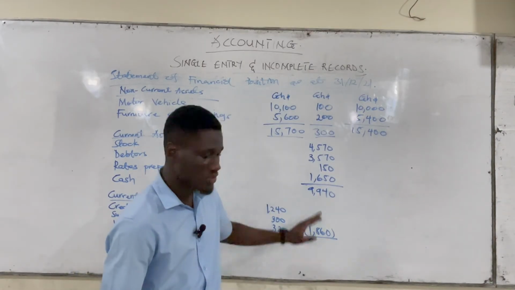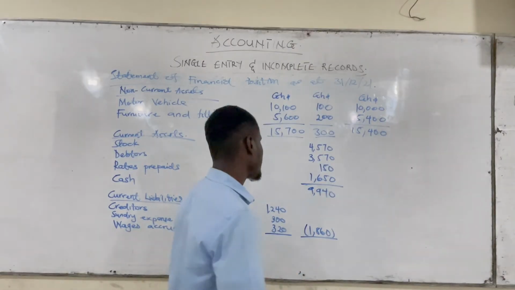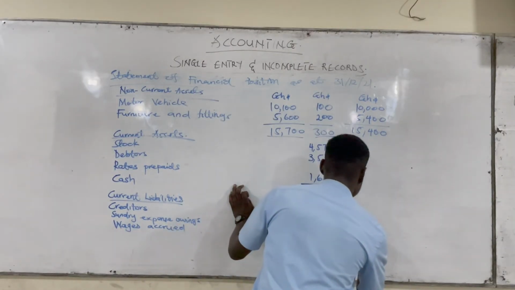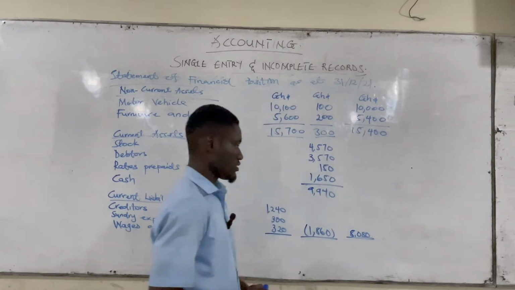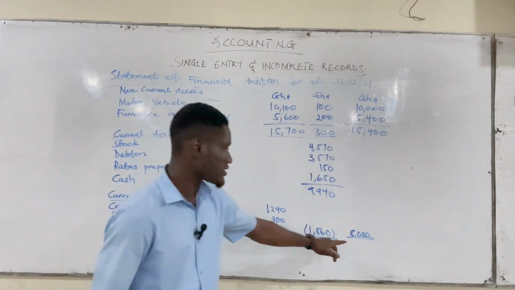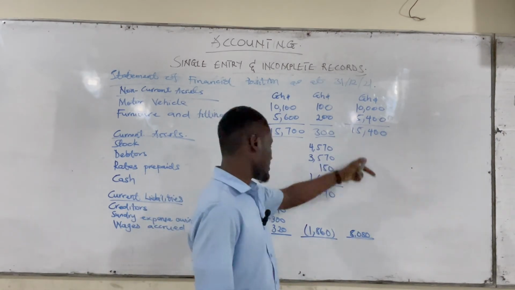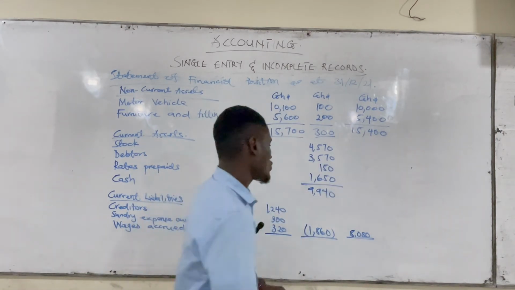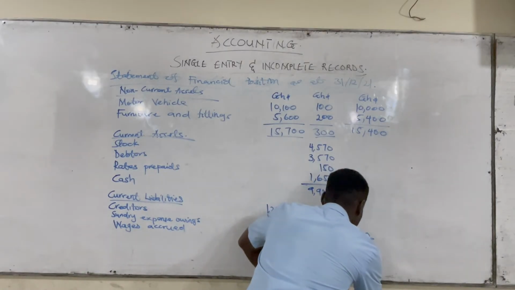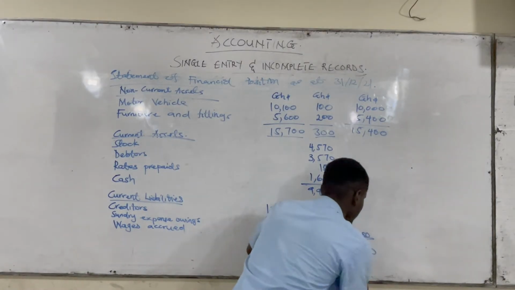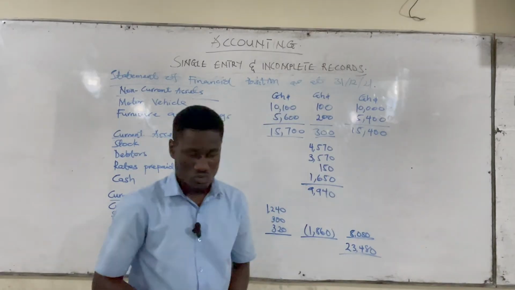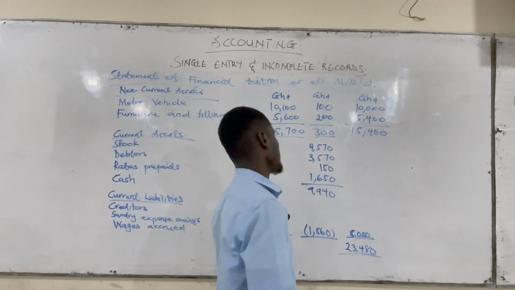After lessing this from this, we are going to get 8,080. Good. So with this, we'll add this to our non-current assets, and we are going to get 23,480. Good. So this is our net assets.